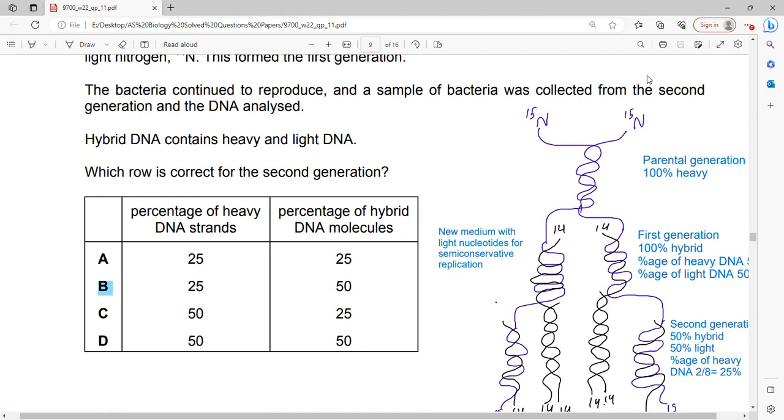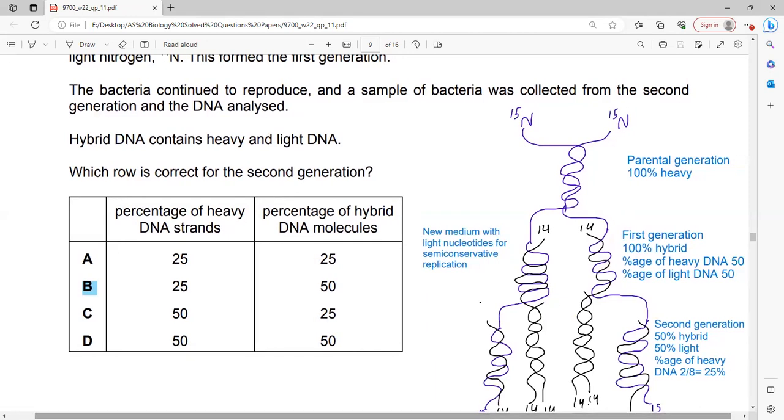This DNA will split into two single strands. Now, each single strand will form a complementary strand from the new medium, which contains isotope number 14. So in generation 1, 100% of the DNA will be hybrid, while the percentage of heavy DNA is going to be 50%, and the percentage of light DNA is going to be 50%.